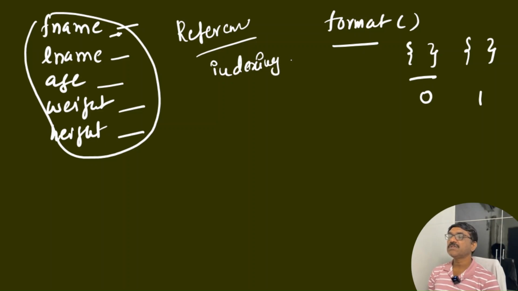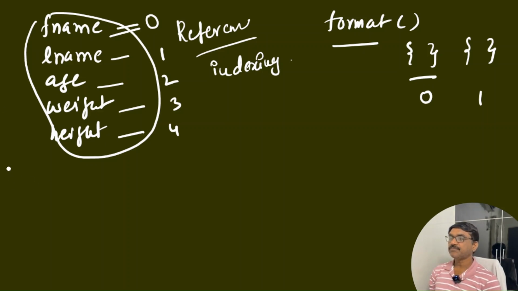That means the first variable fname is assigned 0, next 1, 2, 3, 4. Instead of using empty curly braces, you can also mention the index values.